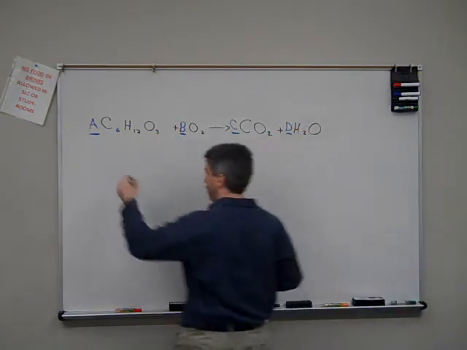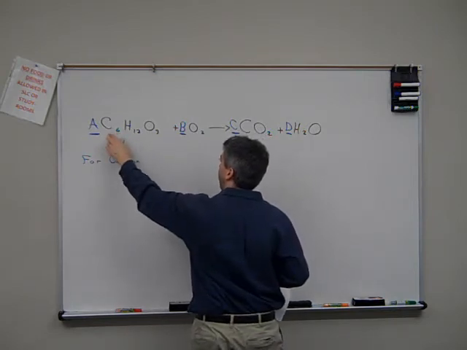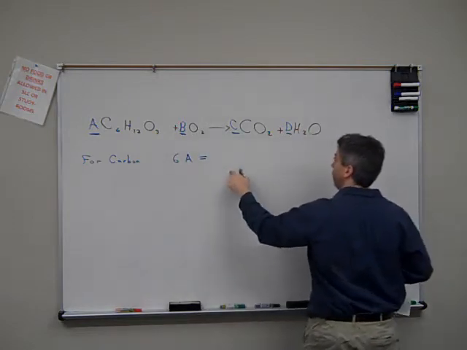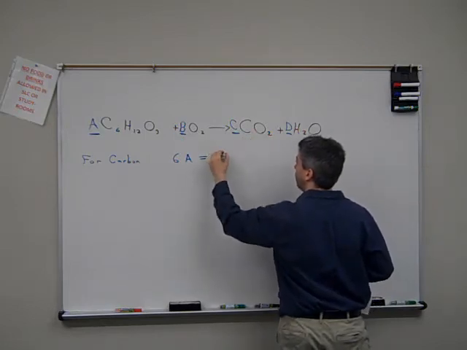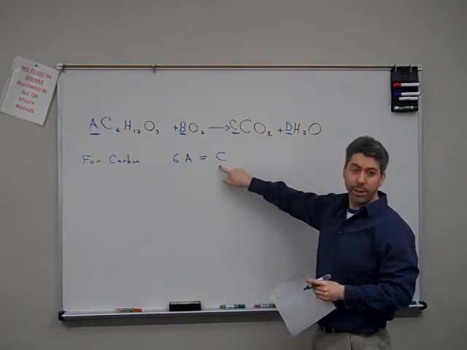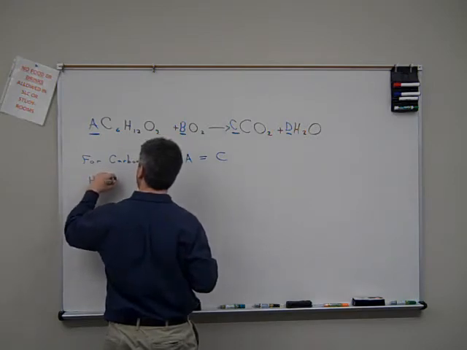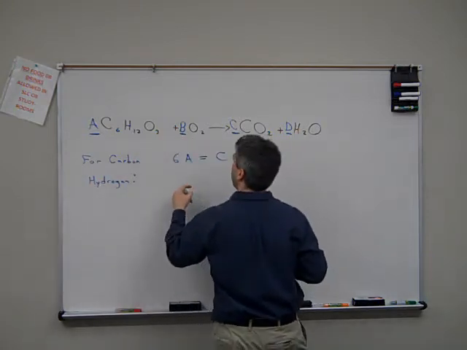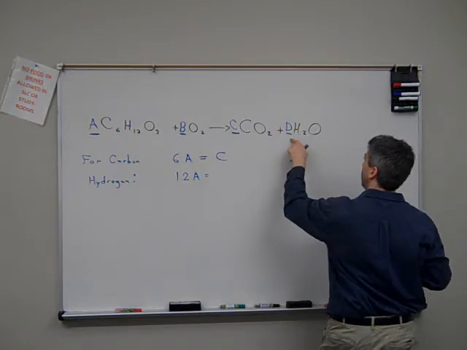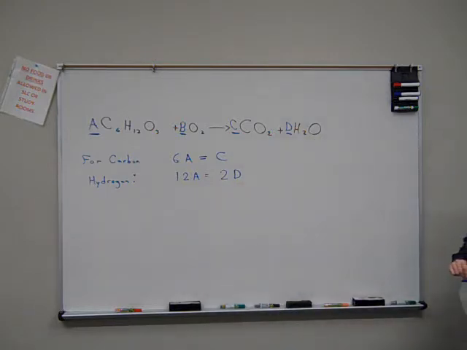So for carbon, I have 6 carbons for every A, so I'd say 6A, and there's no carbon here, so 6A is equal to C. There's no other source of carbon, and this is only one C here, so 1 times C. So 6A is equal to C. Then for hydrogen, 12 times A is equal to 2 times D. And that's all the hydrogen there is, right?